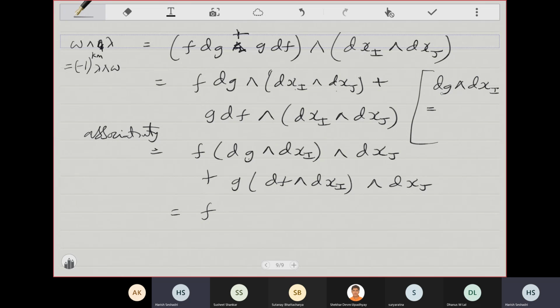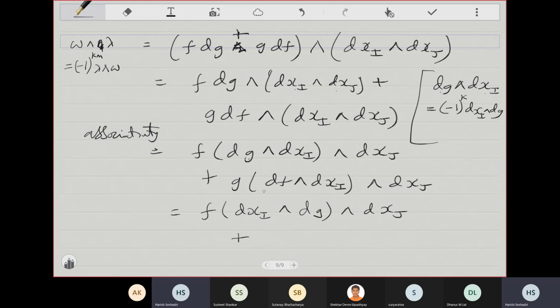Here, this is a 1 form and this is a k form. So the product of the two degrees will be just k again. So I'll get minus 1 raised to k dxi wedge dg. So if I do that, then I'll get dxi wedge dg wedge dxj.